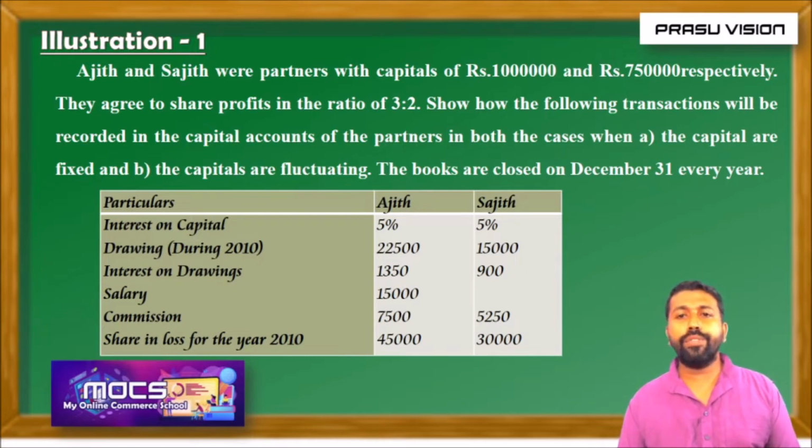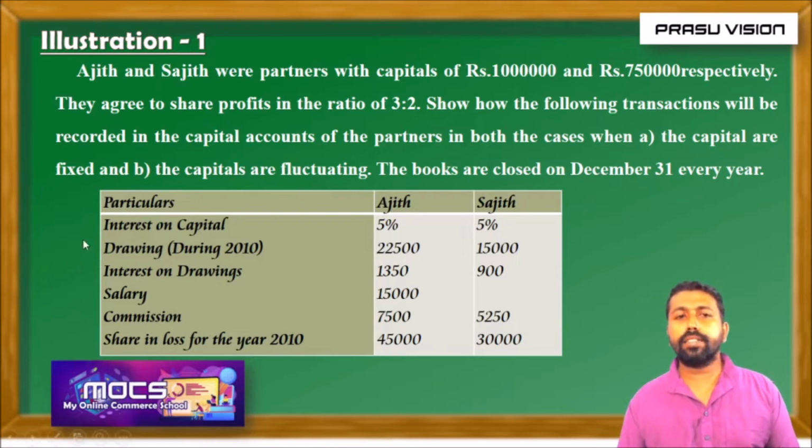Show how the following transactions will be recorded in the capital account of partners in both the cases when the capitals are fixed and the capitals are fluctuating. The books are closed on December 31st every year. So we have to prepare the capital account of partners as per the fixed capital method and the fluctuating capital method.